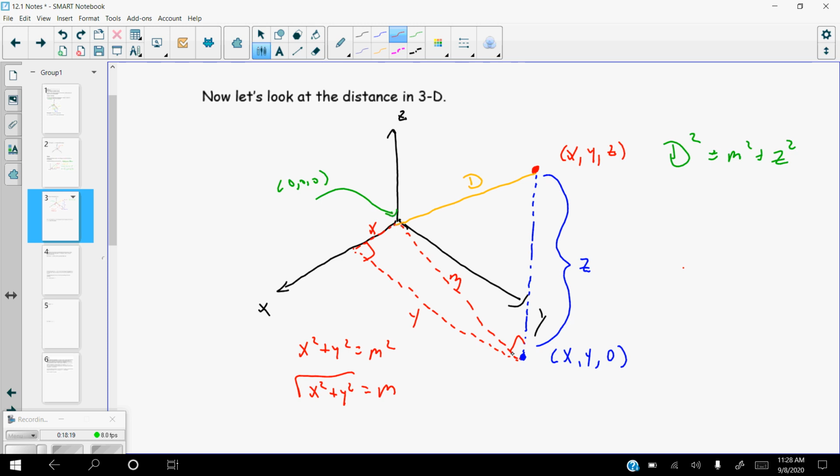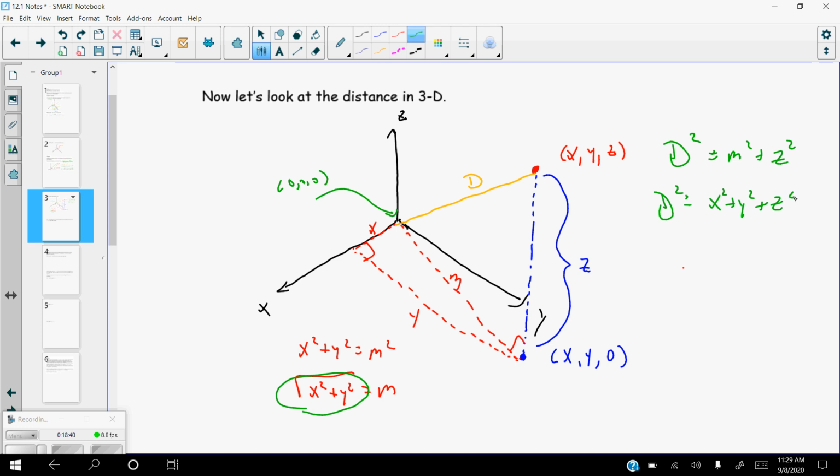Quite simply, we have something for m, so we're going to replace it. Because d squared is going to equal m squared, but m was this, so if I square that square root, I get x squared plus y squared plus z squared.